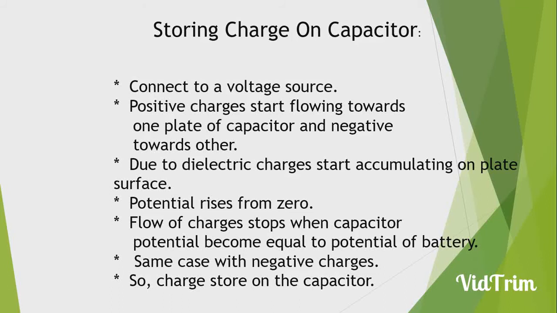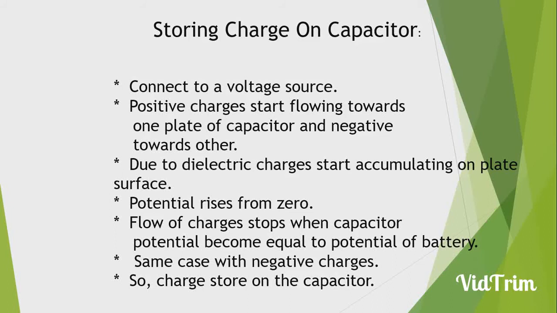Let me know how many of you know how to charge a capacitor. All of you know, but here are some points on charging a capacitor. First of all, we have to connect it to a voltage source, and then positive charges start flowing towards one plate of the capacitor and negative towards the other. Due to the dielectric, charges start accumulating on the plate surface and the potential rises.